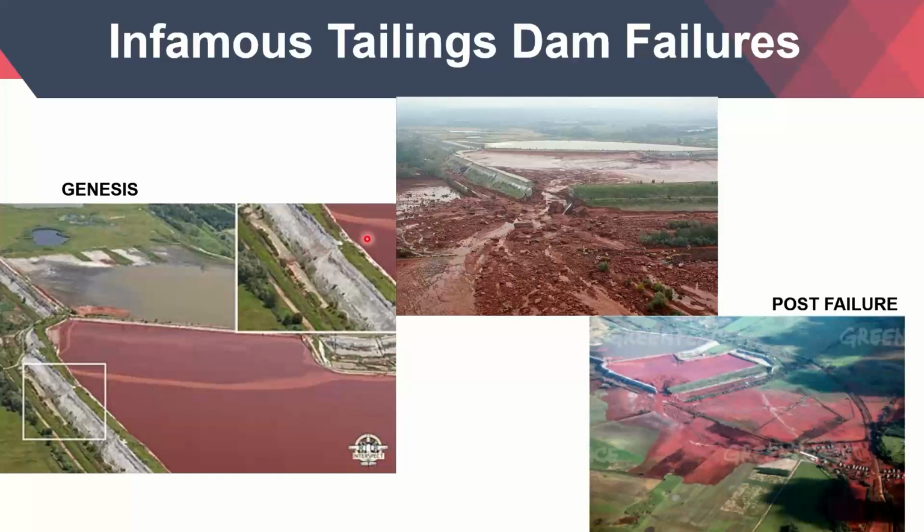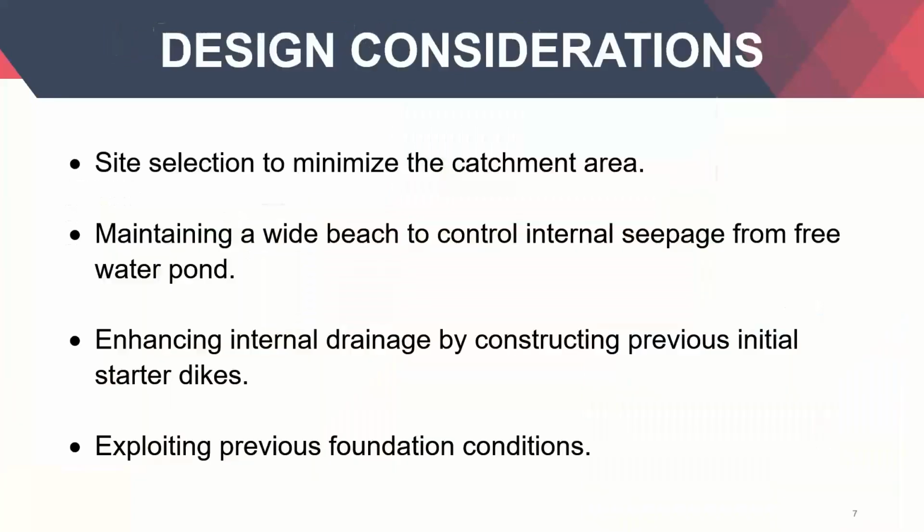That is why it is red in color. And once the corner gave way, the entire slurry flowed, and you can see the results of the post failure. If a dam like this fails, this area is rendered worthless for both flora and fauna for a very long time. That is why extreme care should be taken that these dams should never fail.